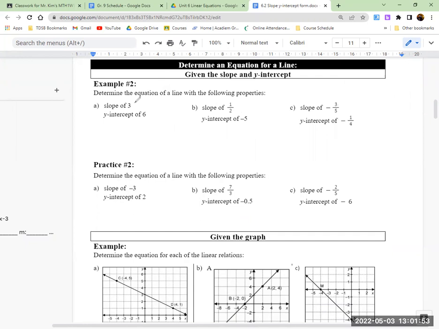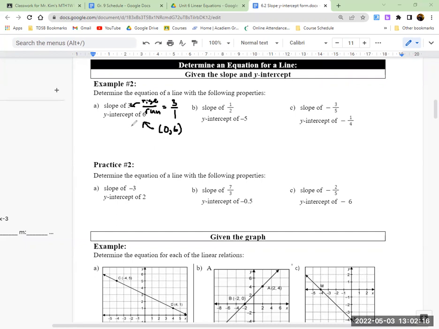If I have a slope of 3, remember, the slope of 3 means rise over run would equal 3 over 1. A y-intercept of 6 means that I have the point 0, 6 on the graph.